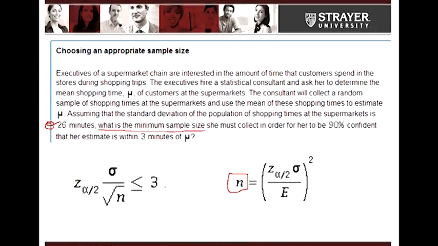The formula that we've had was the critical z times sigma, standard deviation, over the square root of n, less than or equal to the estimate. This is the margin of error, E, equals 3.